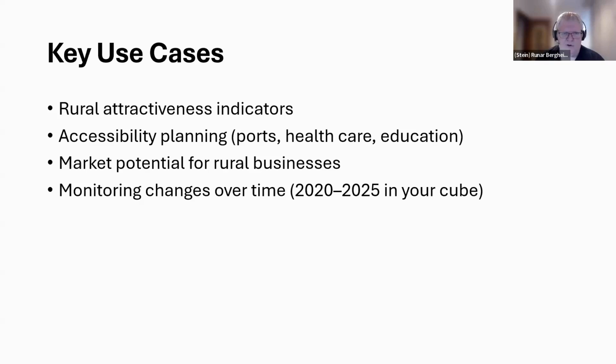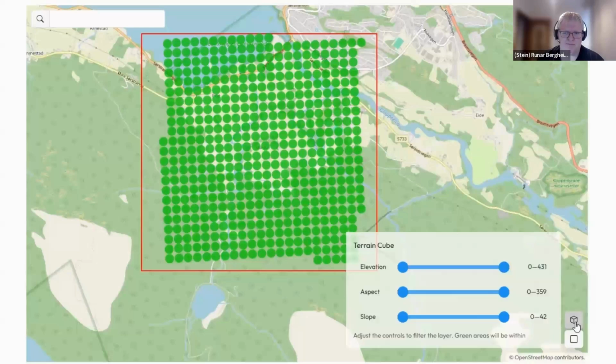We can use it for determining accessibility and service planning, so dimensioning the number of schools that will be required depending on population development and so forth. We can use it to determine the market potential for establishment of new businesses, and we can use it to monitor changes as things change over time.